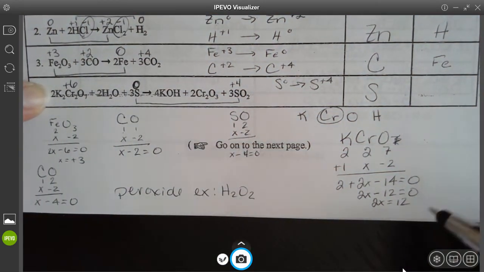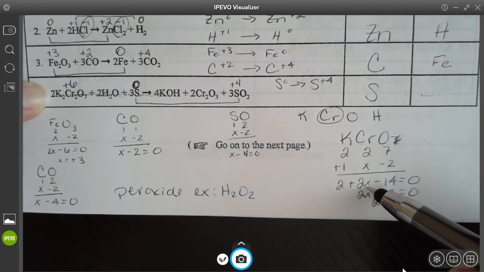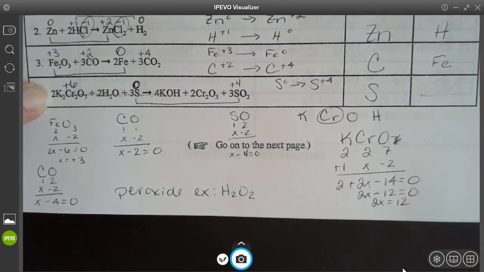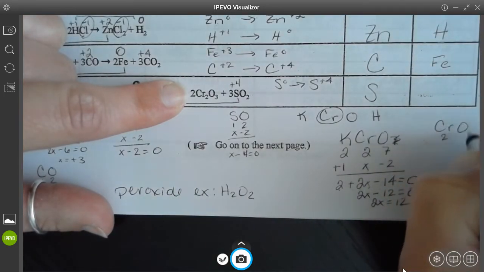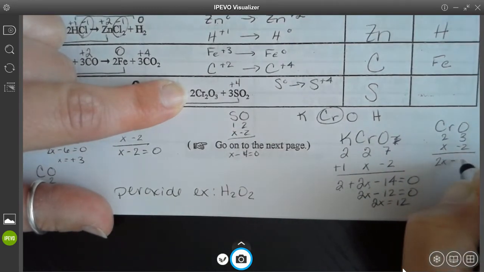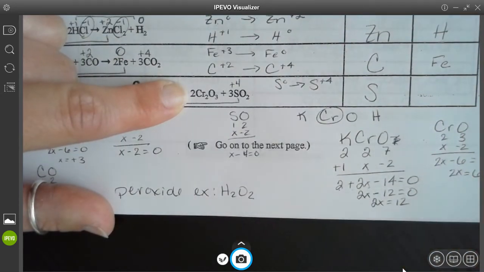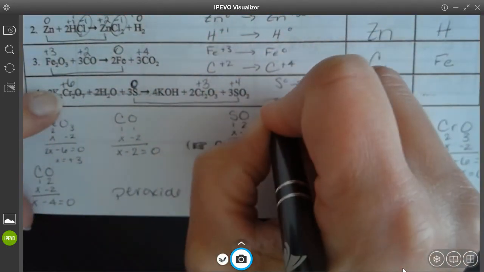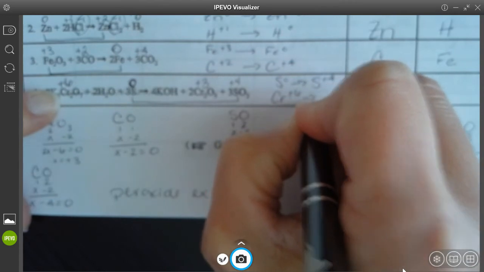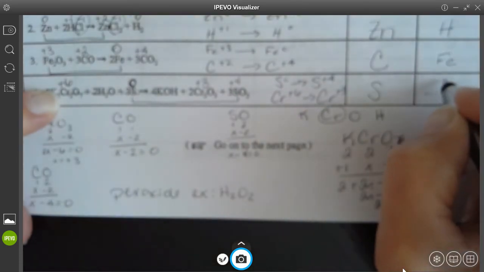Could I go back and double check that? Definitely. 2 plus 2 times 6, so 2 plus 12 is 14, minus 14 equals 0. So let's double check the other one. We've got Cr2O3, 2x minus 6 equals 0, 2x equals 6, so x is going to be a +3. So chromium went from a +6 to a +3, therefore it is reduced.